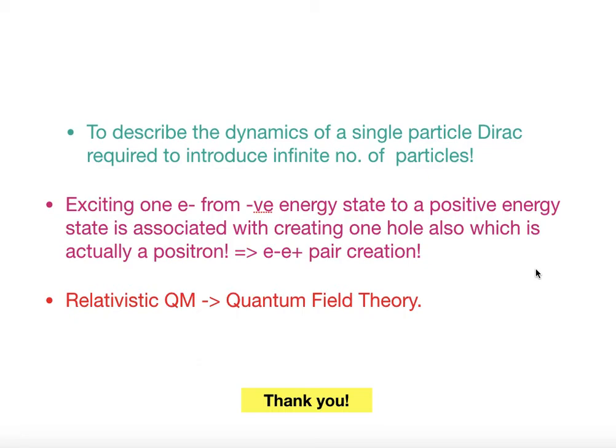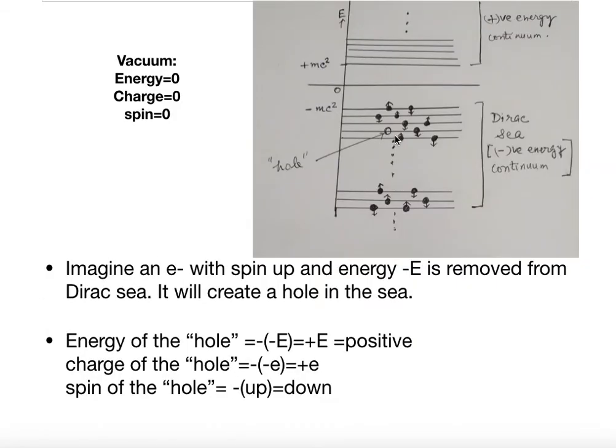Now if we assume that from this Dirac sea I remove one electron from this state and bring it to the positive energy, I will see a positive energy electron. So that will be a physical particle. But when I excite that negative energy electron to the positive energy state, immediately I create a hole here, which is actually a positively charged positive energy particle.